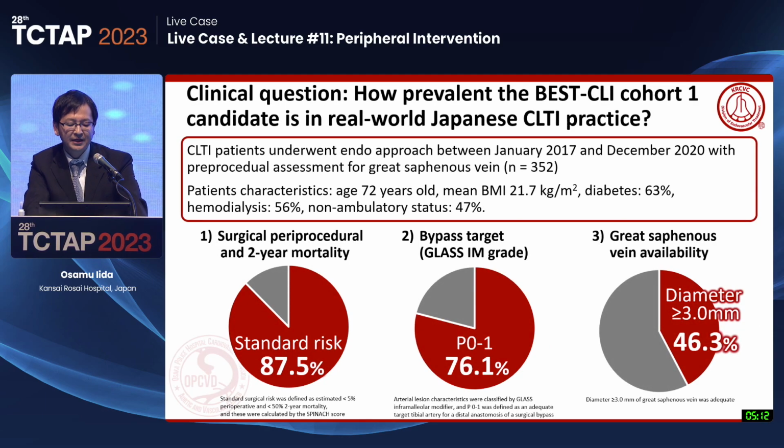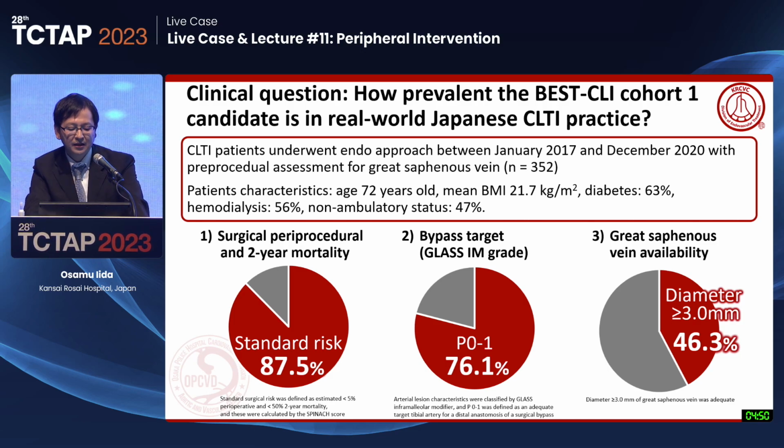According to the GVG, standard surgical risk was defined as estimated less than 5% perioperative and less than 50% 2-year mortality. And these can be calculated by our SPINACH score. In our study population, 87.5% fit a standard surgical risk.